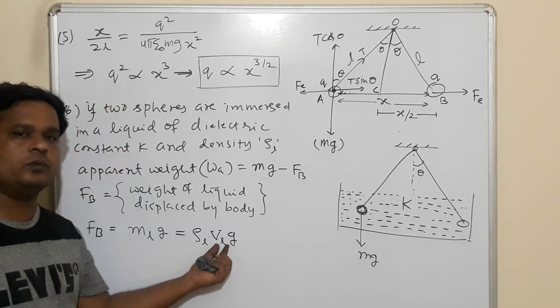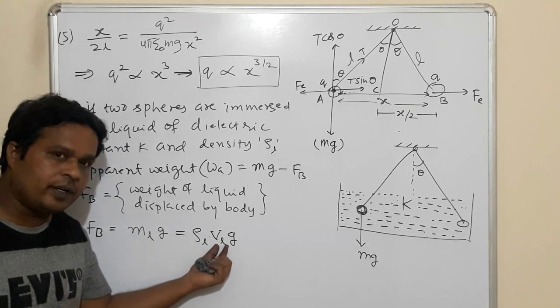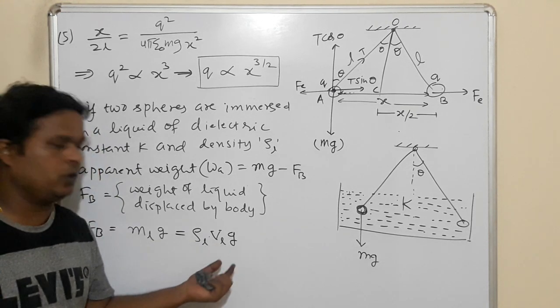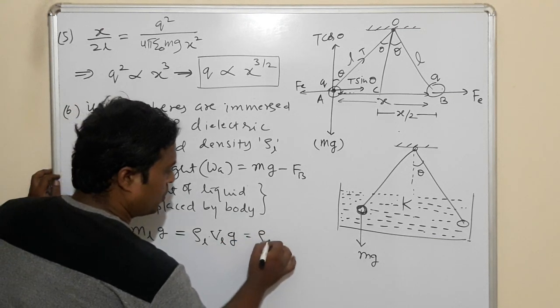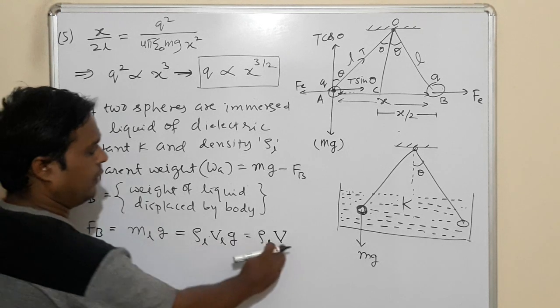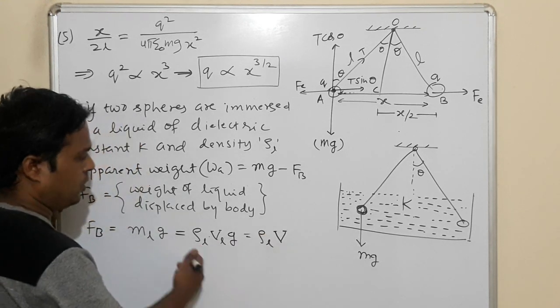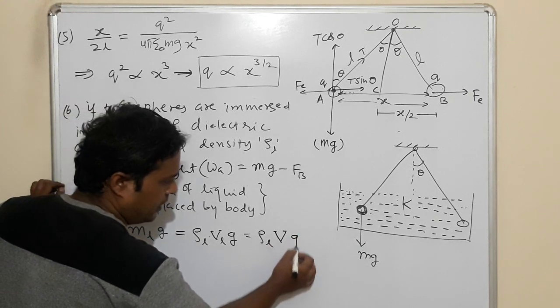Volume of water displaced, volume of liquid displaced will be equal to volume of the body. Then this is equal to rho L into, instead of writing volume of liquid, I will write volume of the body, because I know that volume of liquid displaced is equal to volume of the body, into g.